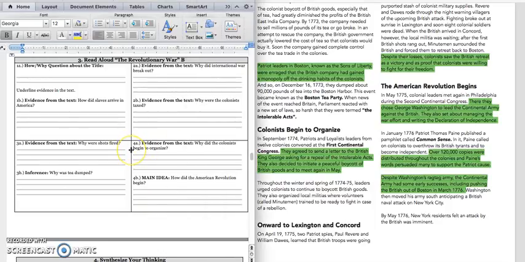In box 4A, you would write, the colonists organized at the First Continental Congress because they wanted to write a letter to King George III asking him to repeal the Intolerable Acts and initiate a boycott of British goods. Press pause to write down your answer and play when you're ready to keep reading.